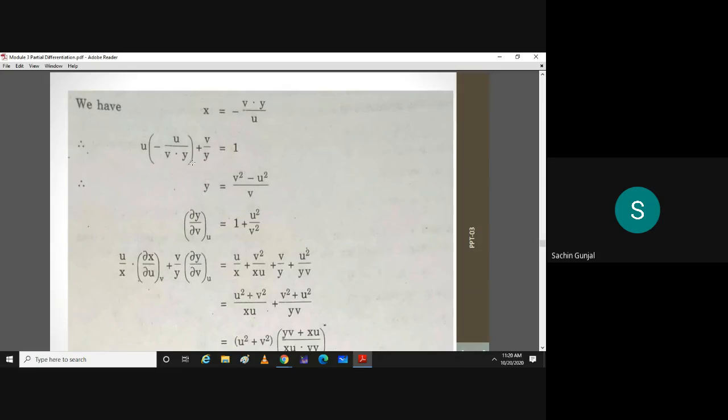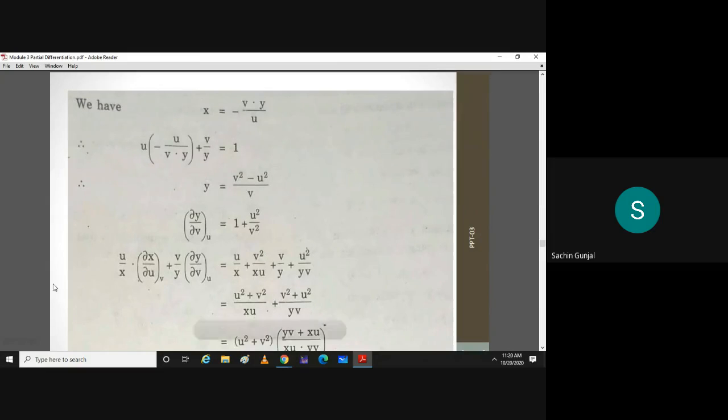Now if you simplify this, you will get y as (v square minus u square) upon v. And now you differentiate y with respect to v treating u constant, which is 1 plus u square upon v square.